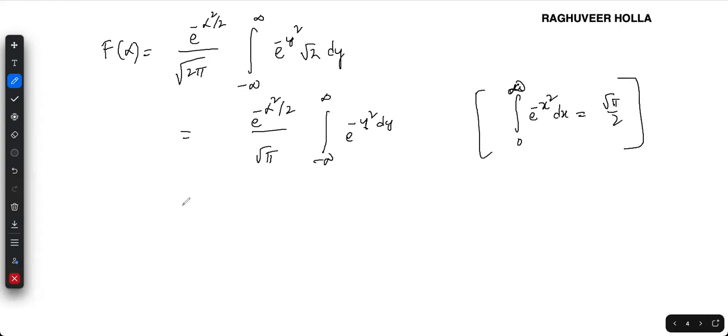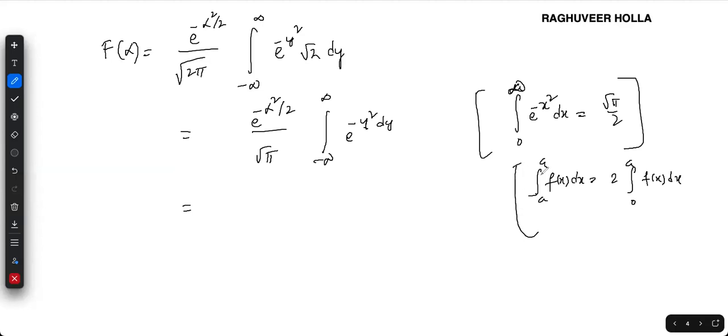Also I use the property that integral from minus a to a of f of x dx is 2 times integral from 0 to a of f of x dx.